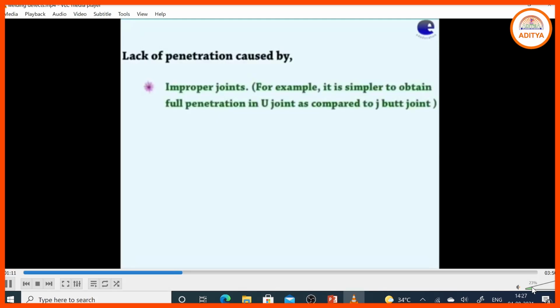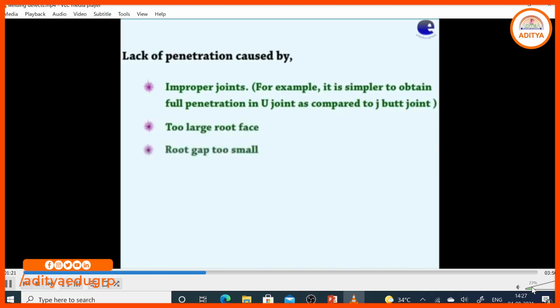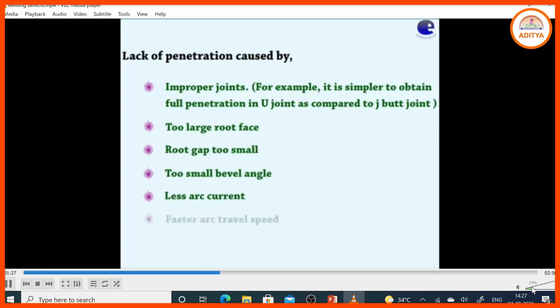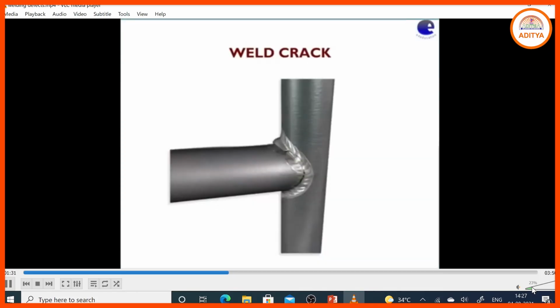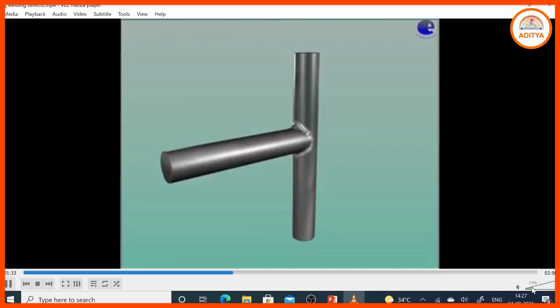Improper joints, for example, it is harder to obtain full penetration in a U joint as compared to a J bar joint. Due to that, lack of penetration occurs. Too large a root face, root gap, too small a bevel angle, less arc current, faster arc travel speed. So a number of factors are there, and due to these things the problem has occurred.